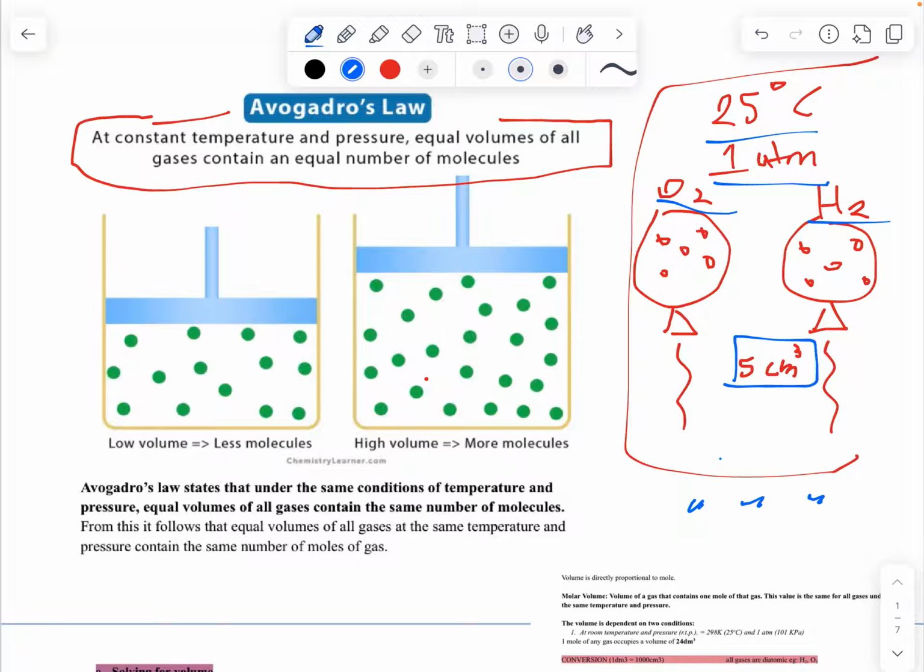There's some expansion happening, and we expect the balloon to get bigger. So if we add some heat energy to a gas, we expect the particles to expand, and so the volume would increase. Just note that temperature does affect the volume of a gas. I'm going to put that in writing so that we can have it.